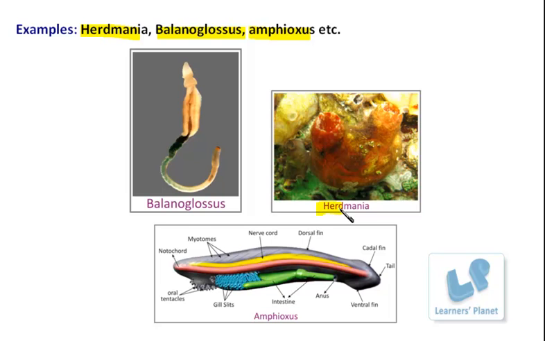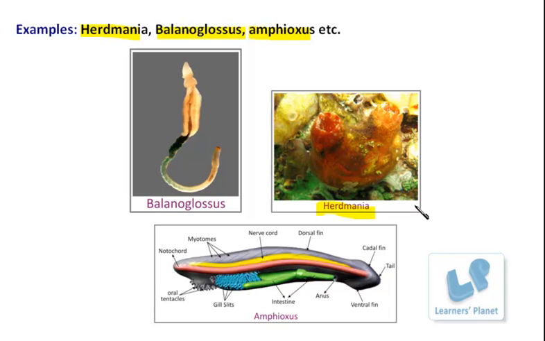Further, the next example is Herdmania, and the specialty about this organism is that it is sedentary. These organisms have the notochord as well as the developed nerve cord in the larval stage. In other terms, the tail, notochord, as well as the nerve cord are completely absent in the adult stage.